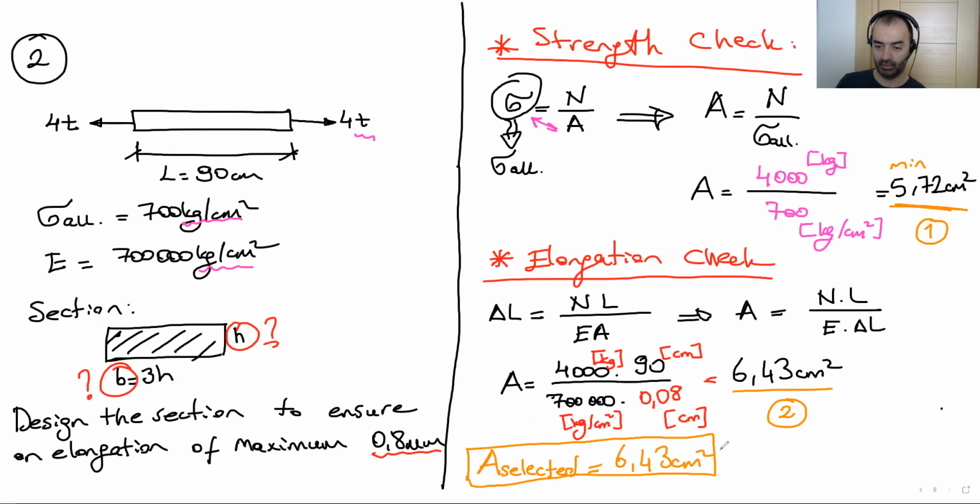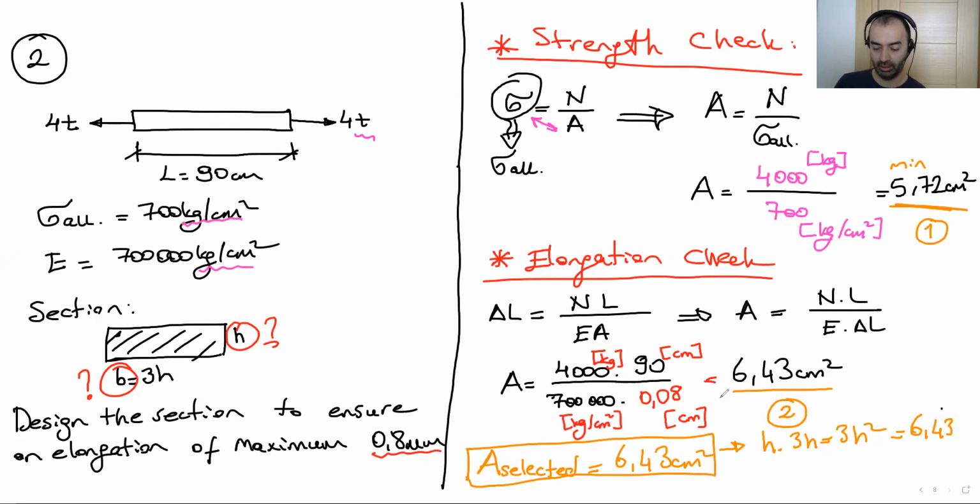Then what are we going to do? We have to design the section. We have to calculate the dimensions of the rectangular section. So the area of the rectangular section is h times 3h, equals 3h square. From here, 3h square equals 6.43.